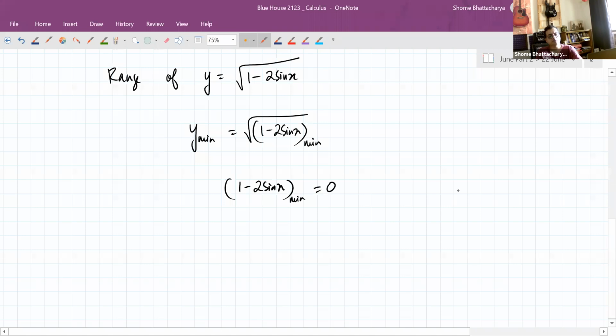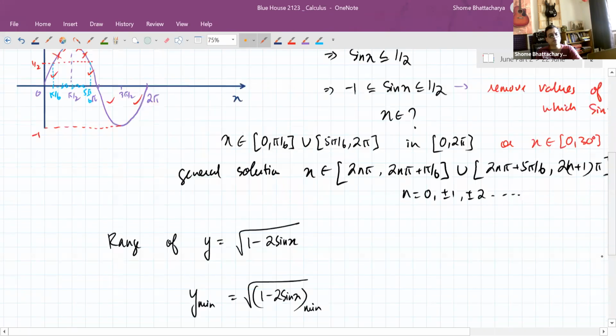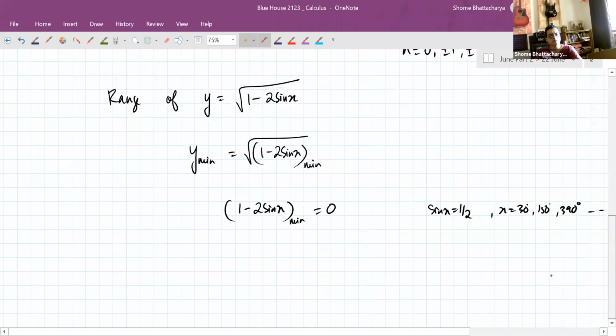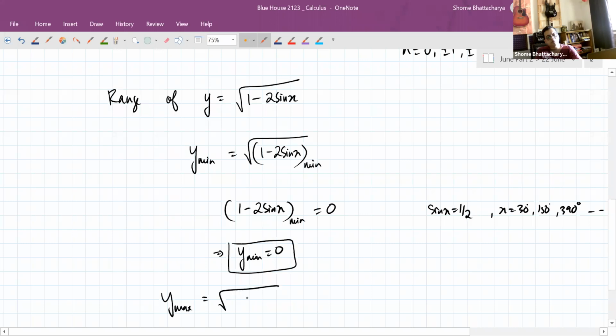It can have a minimum value of 0, for sine x equal to half, or x equal to 30 degrees, 150 degrees, 390 degrees, and so forth. So the minimum value of y is 0.